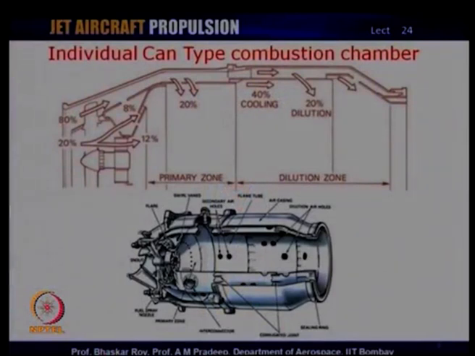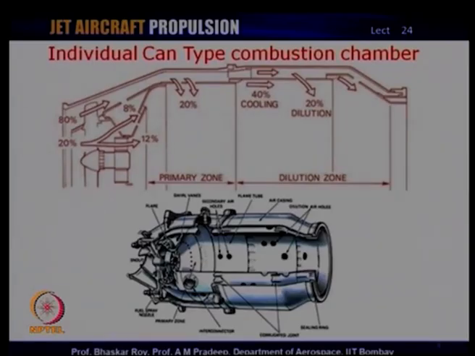Now, the first type of combustion chamber that came into being in a typical gas turbine engine is typically referred to as a can type combustion chamber, in which the entire flow coming from the compressor is split up into a number of cans, and these cans are arranged in an annulus fashion around the shaft of the engine.